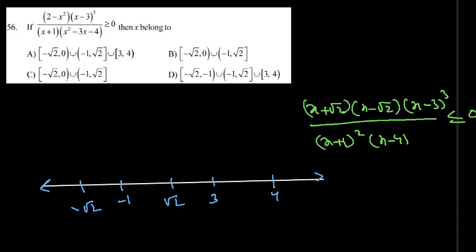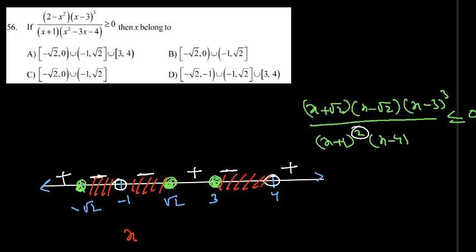Now I want to apply the sign scheme. This is plus, this is minus. x minus odd will change, but x plus 1 even, sign won't change. Before that, minus root 2 satisfies, equality is there, no? Root 2 satisfies, 3 satisfies, and 4 won't satisfy, open circle, and minus 1 also won't satisfy. So negative signs, friends, means this area you want.